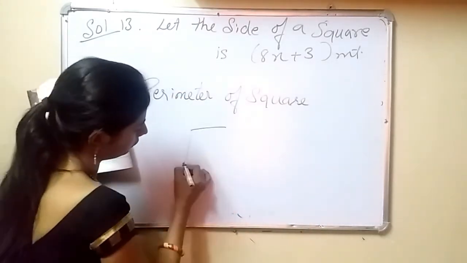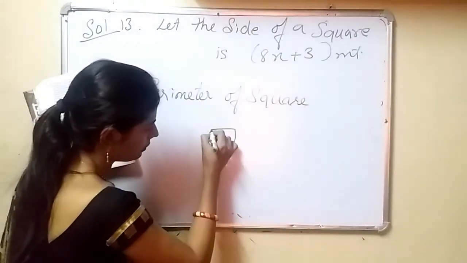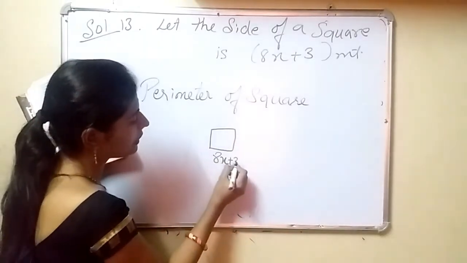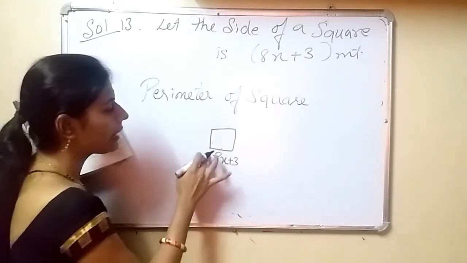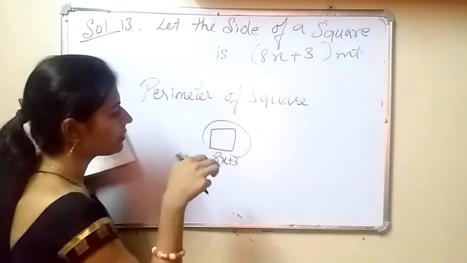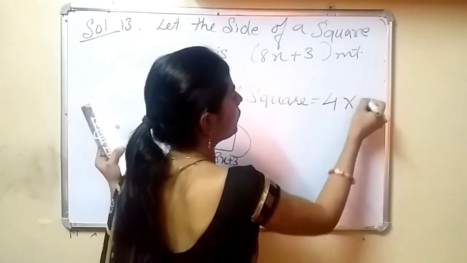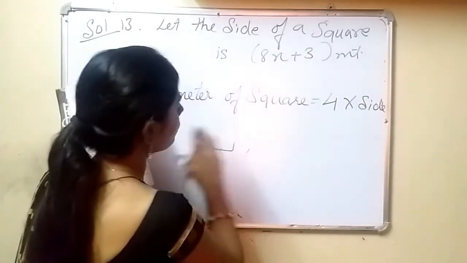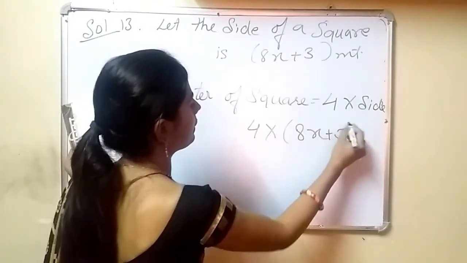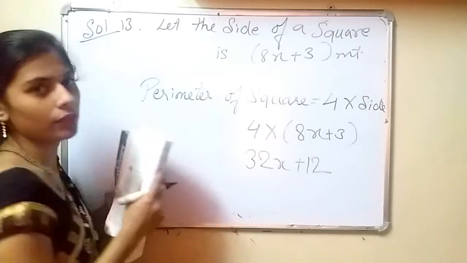See, this is your square. If one side is given to you as 8x plus 3, they are asking what is the perimeter of the square. Perimeter means the whole, the remaining 3 sides also, so 4 sides you have to find. It will become 4 into side. So one side is given to you, 4 into one side, 8x plus 3. So 4 eights are 32x plus 12. So this is your answer.